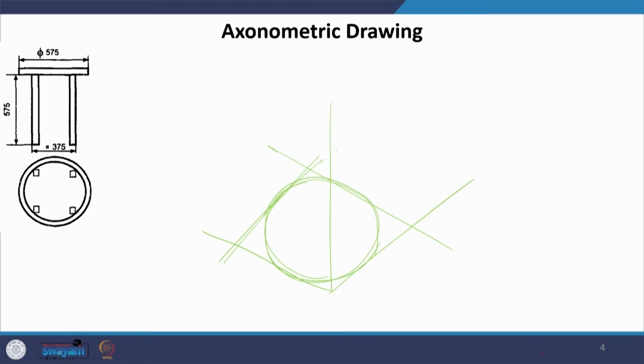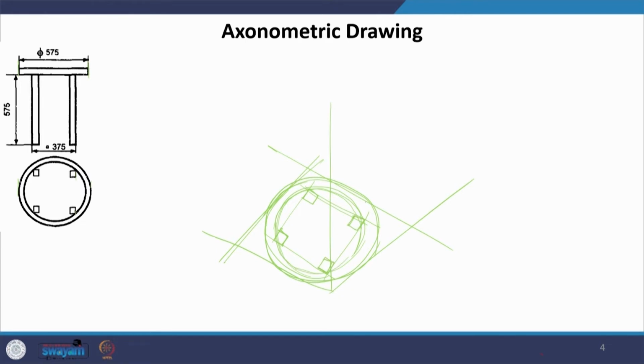This is the outer circle which is seen here, and at this level this inner circle has been drawn just for reference, but it is not hollow. So, this is the reference circle and we have a square which is inscribed in this circle, and we have 4 squares for the legs coming, which is what is drawn in the plan.